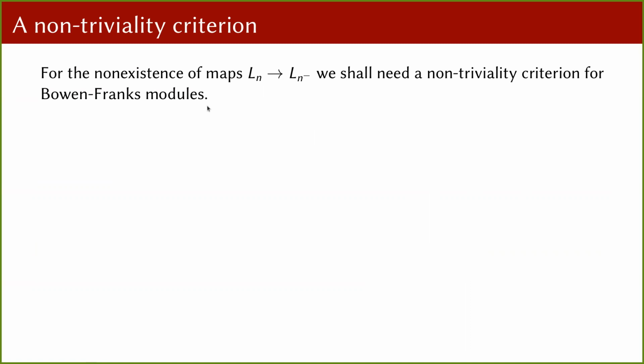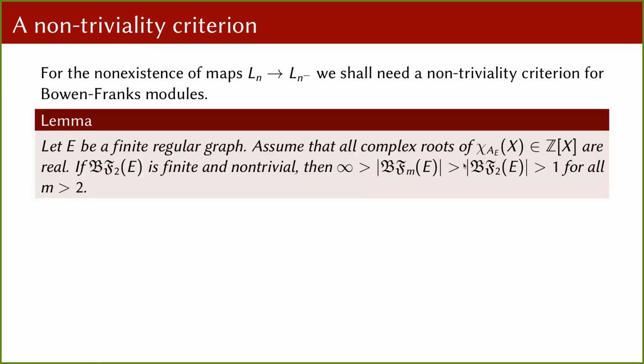We need a bound on the size, which we will use, but I will state in general. So if E is a finite regular graph, so as we noted before, we need to ask that the graph is regular for everything to make sense, because we need to remove the sinks, then we may say the following.